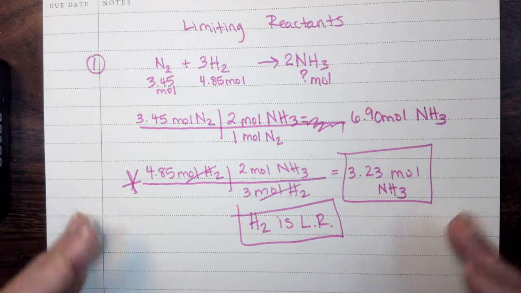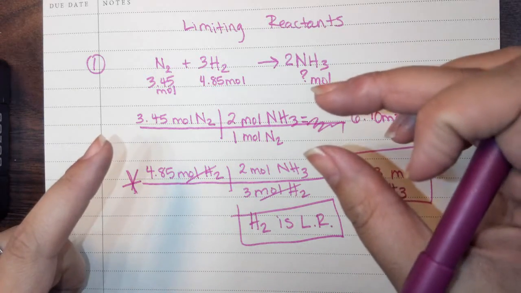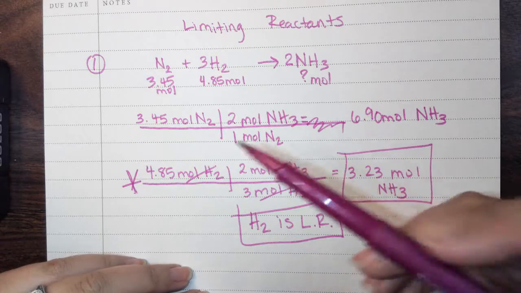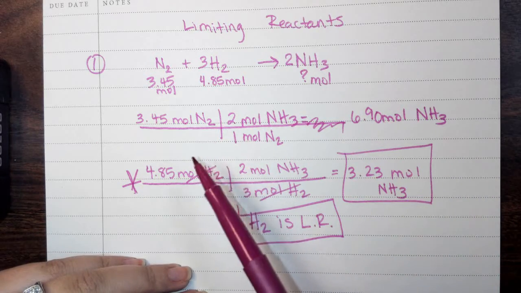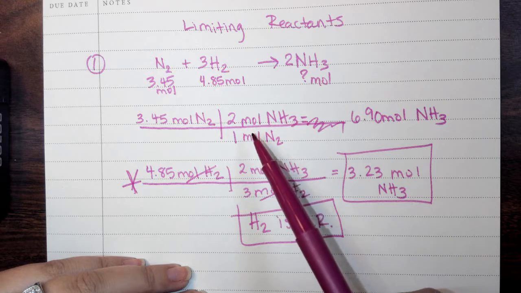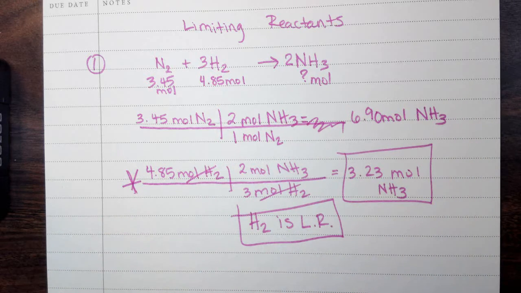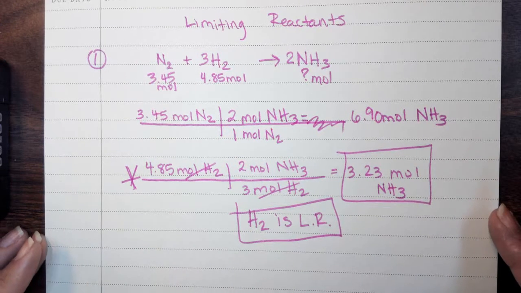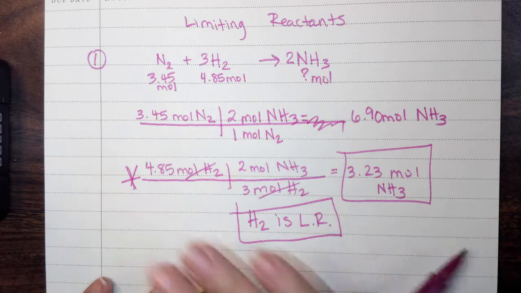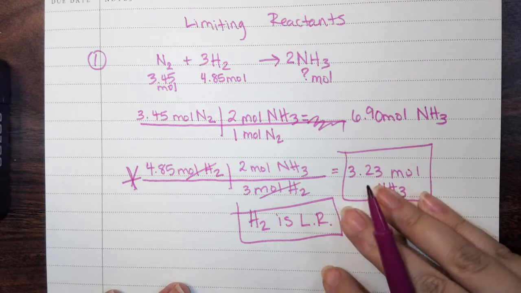You can do it this way, or you can only use one step and then compare reactants. So I would convert moles of nitrogen to moles of hydrogen and then compare what I need to what I have. But that other way is very complex, and so I normally don't show that. But if for some reason this method does not work for you, then you can get with me individually and we can talk about the other method that is used.